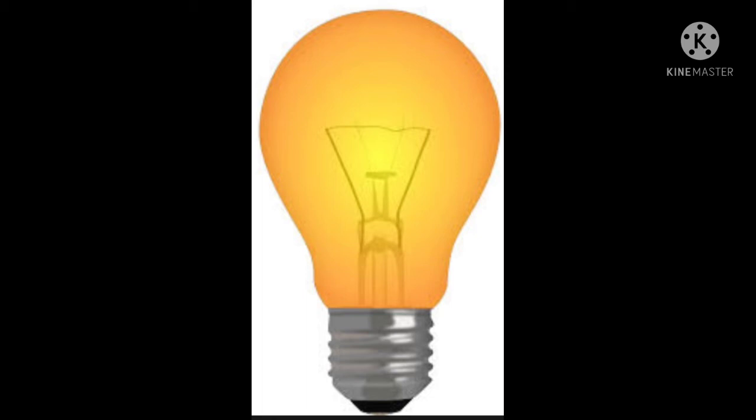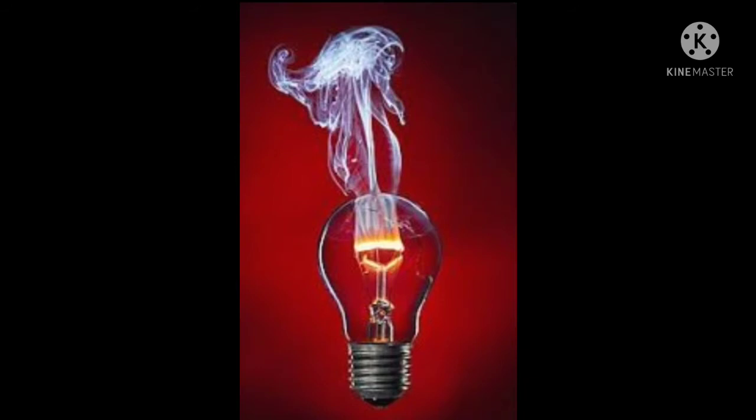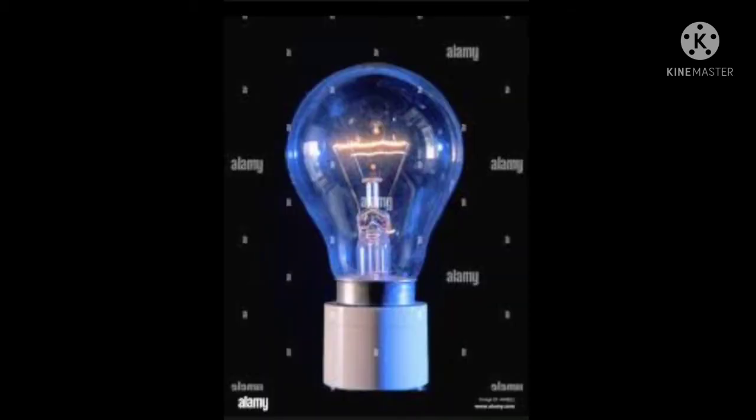In many electrical appliances where the element is not covered, it can be identified by its dull red glow when the appliance is on. So this is about the heating effect of electric current. Now we are going to learn about this heating effect of electric current through an activity.